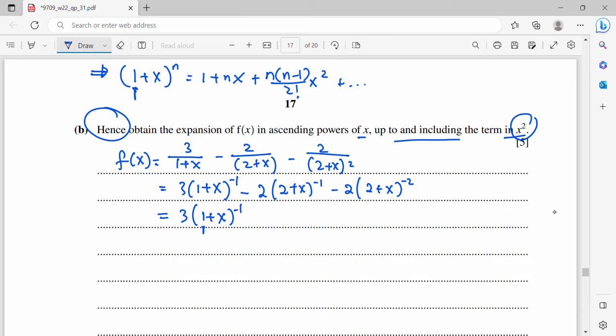But then for the second term, we have 2 plus x degree minus 1. So I need to change this 2 to 1. Therefore, I need to factorize 2 from the bracket. Alright, so when I factorize 2, I will get 1 inside the bracket, and the x becomes x over 2. So this whole term with degree minus 1. Same for the next term. So again, here is 2, so factorize the 2, and you'll be getting 1 plus x over 2.